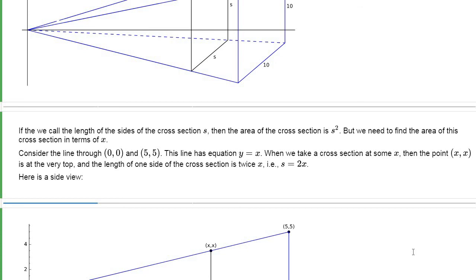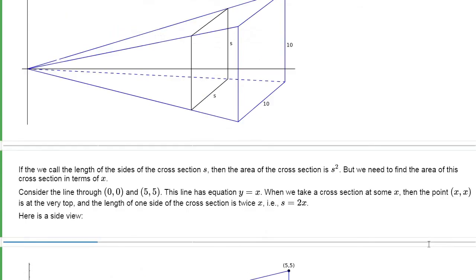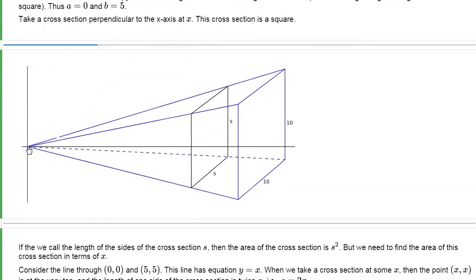In my experience, a lot of calculus students don't remember lots of geometry, so instead I'm going to do this the algebra way and look at the equation of the line that connects the vertex with the point here on the square. This line goes right over the side.